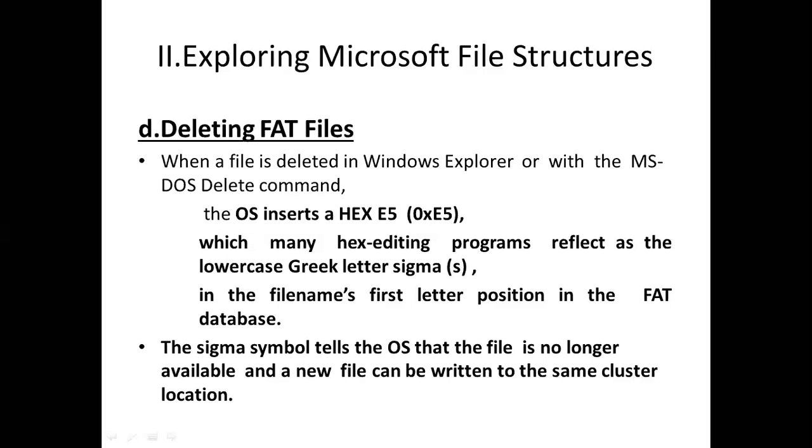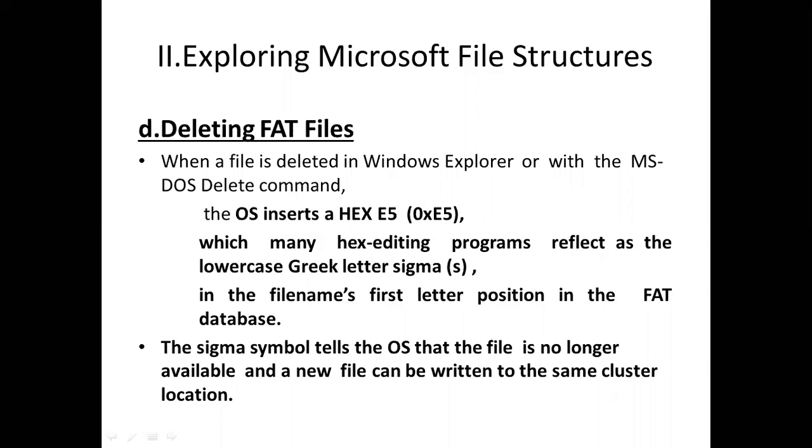So now we'll see how to delete the FAT files. When you use an MS-DOS delete command, generally you get a hexadecimal E5 value, which many hex editing programs reflect, and they do it by a symbol called sigma.